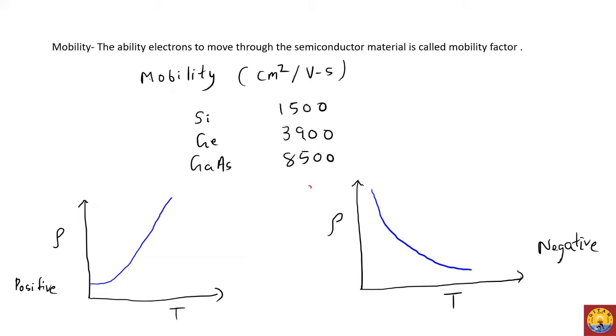Then there is another term called mobility. Mobility means how the electrons move through the semiconductor. It is measured in units of cm²/(V·s). The higher the mobility, the higher the current flow possible.